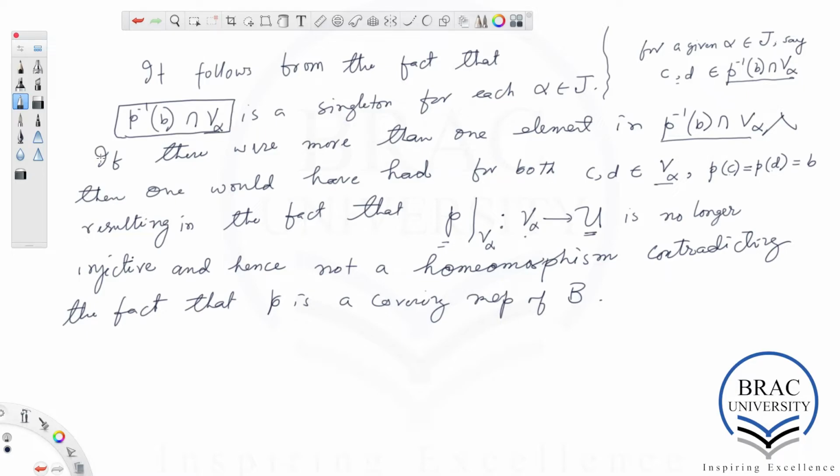It consists of a set containing one element only.